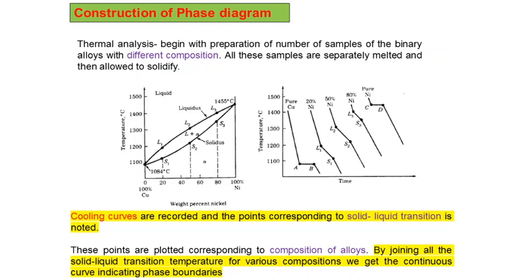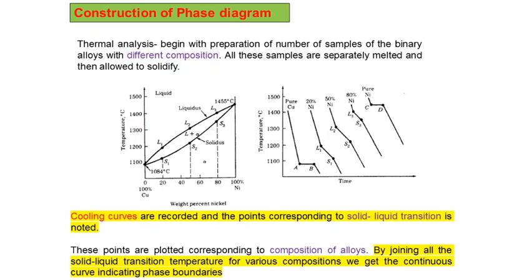Okay, so next we will construct the cooling curves for these alloys, or we will do the thermal analysis for these alloys by melting and solidifying. So we will heat all these alloys above their melting point and then solidify them separately.